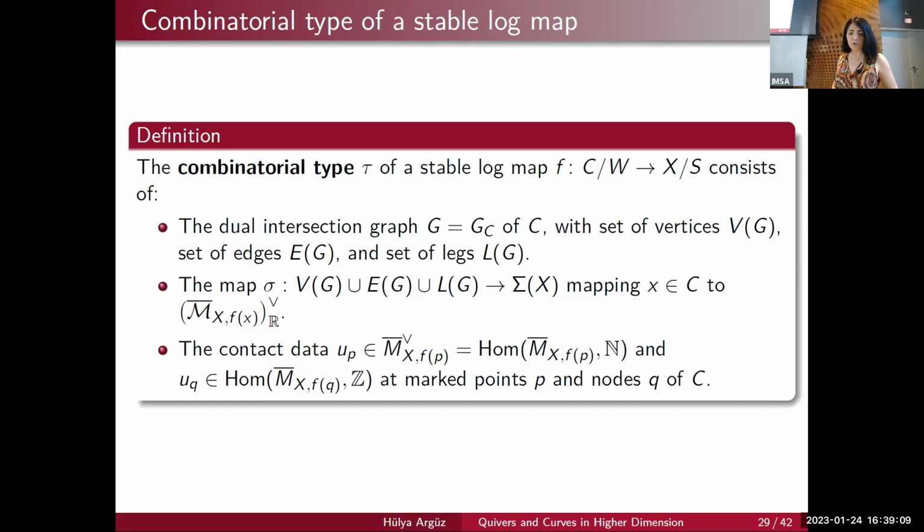By definition, the combinatorial type of a stable log map is the data of the dual intersection graph of your curve, and the data of a map sigma, which tells you, if you consider the tropicalizations, namely, the vertices, edges and legs of the dual intersection graph of C, how they map into the tropicalization of X. And finally, you fix the contact orders.